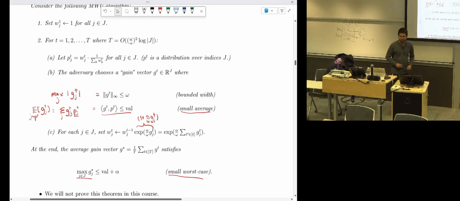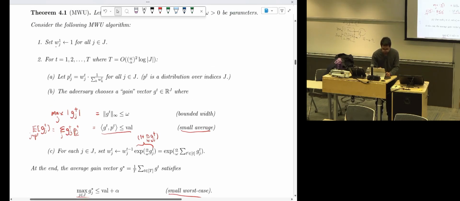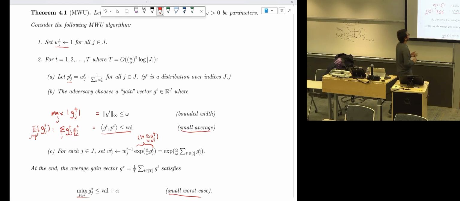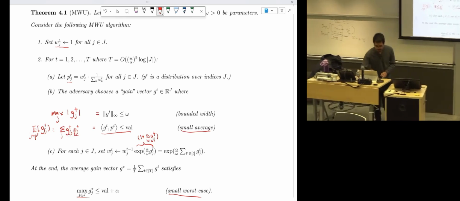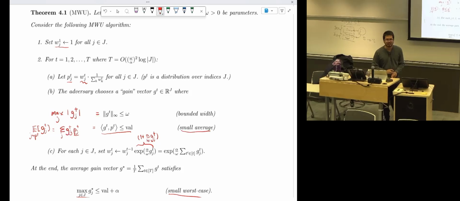Okay. Again, we start with this. Imagine that you want to choose a distribution over indices. How I'm going to choose the distribution over indices is to just choose it according to my weights.